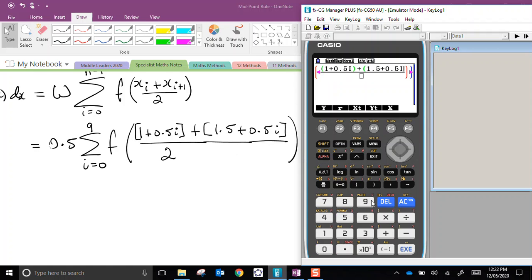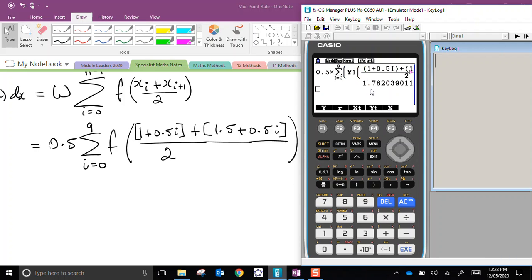Close the brackets. So that gives me my lower and my upper limit on the rectangles, all divided by 2. Right arrow gets me to here, and this is where I tell the calculator variable i goes from 0 to 9.